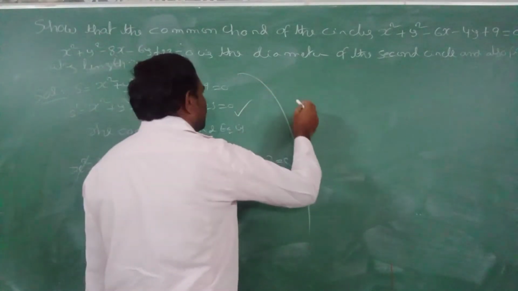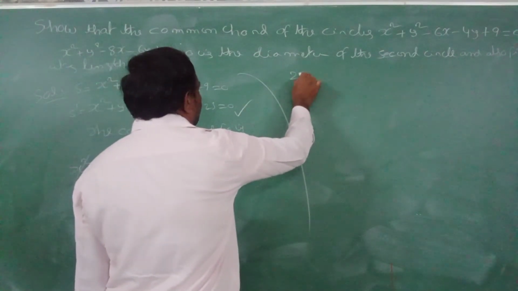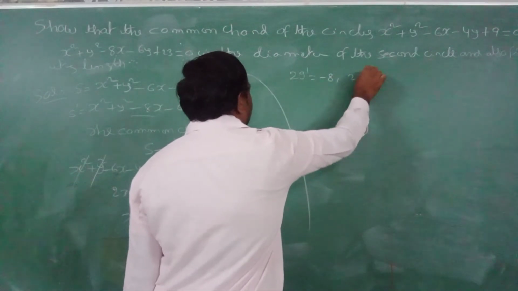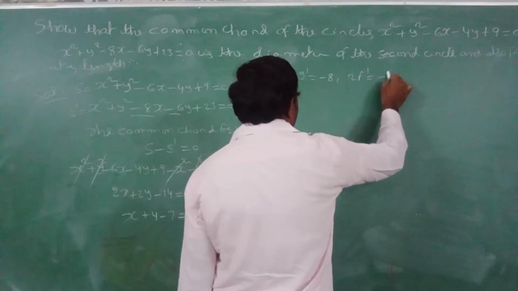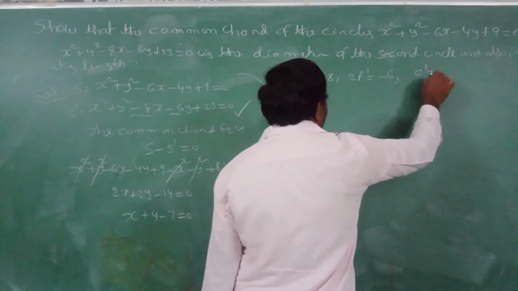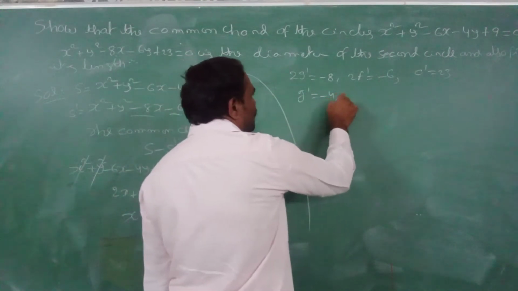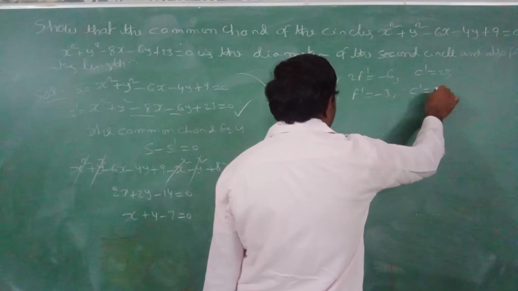Center of the second circle: 2g dash is equal to minus 8, 2f dash is equal to minus 6, c dash is equal to 23. g dash is equal to minus 4, f dash is equal to minus 3, c dash is equal to 23.